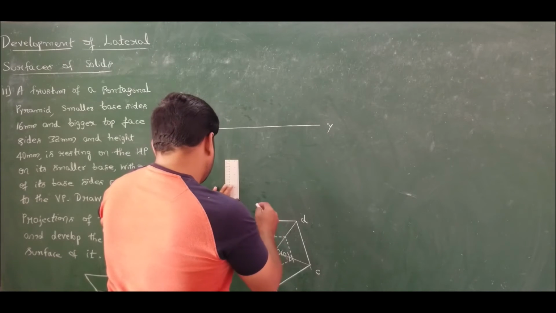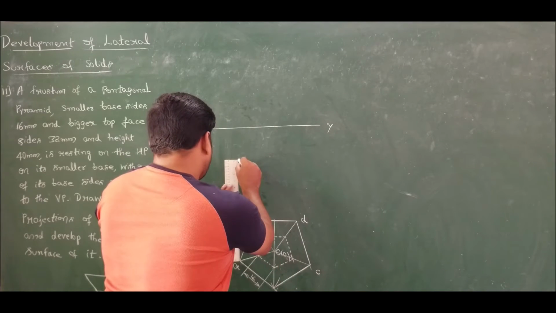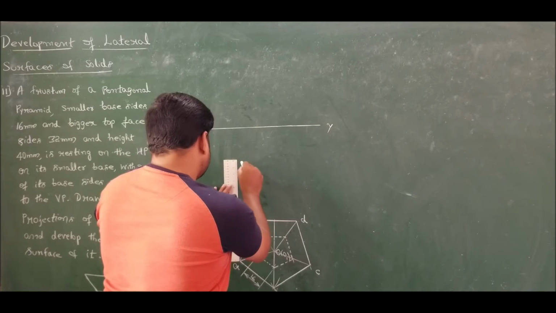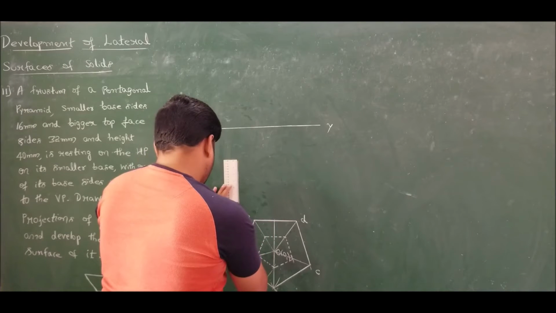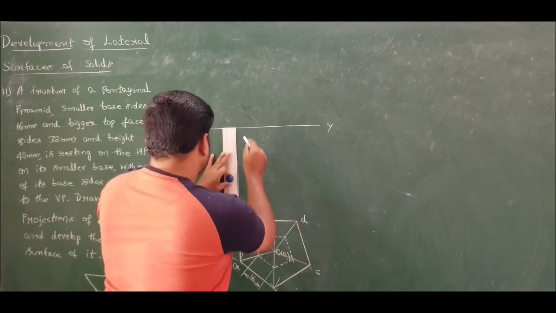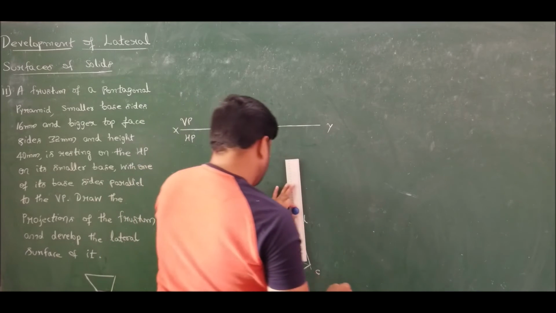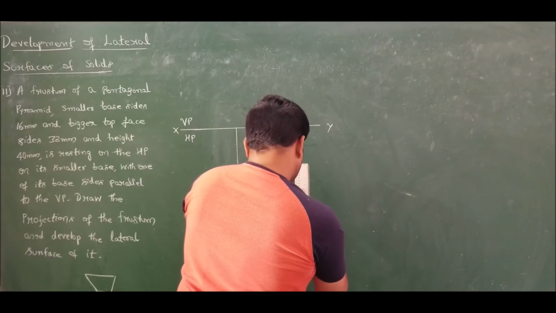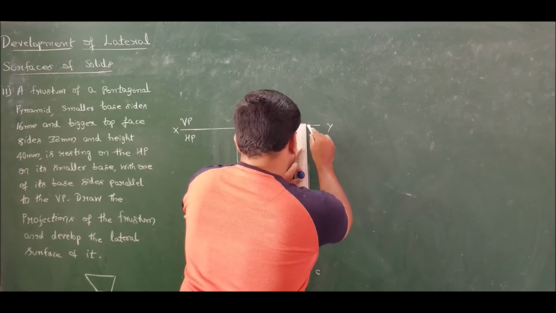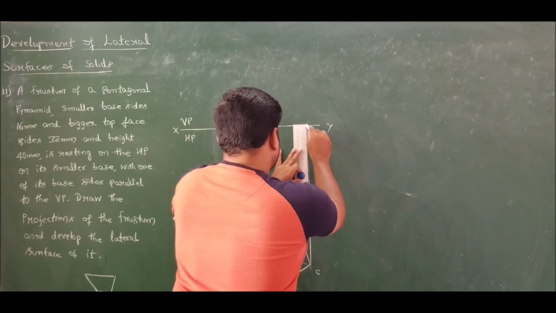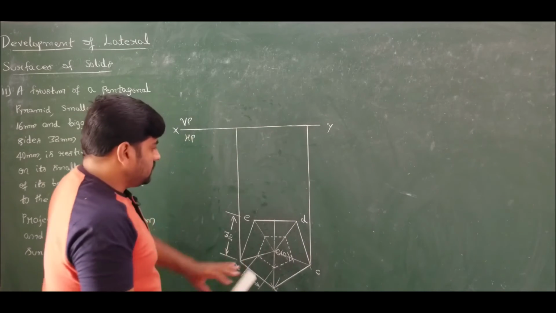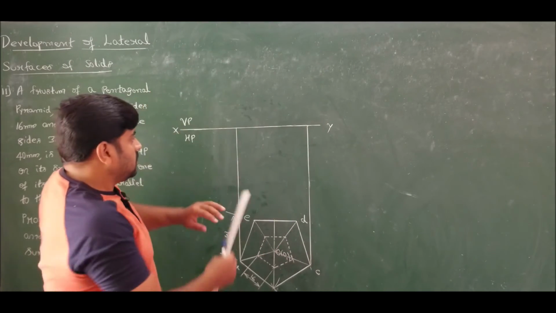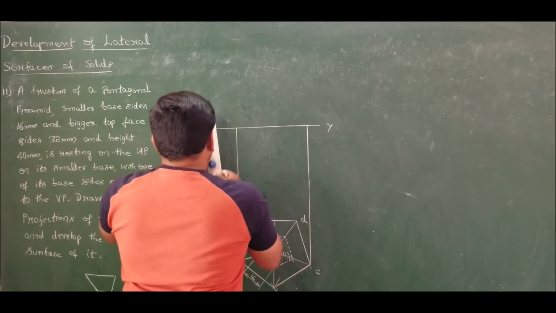draw vertical lines from the extreme corners, that is from A and from C. Now this is the top face. The top face is at a height of 40 mm.